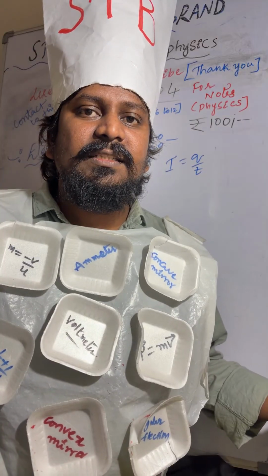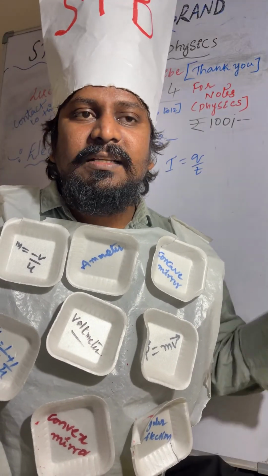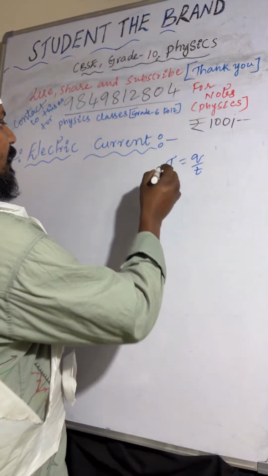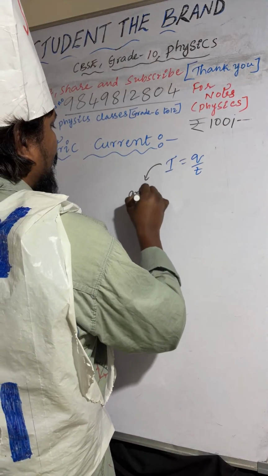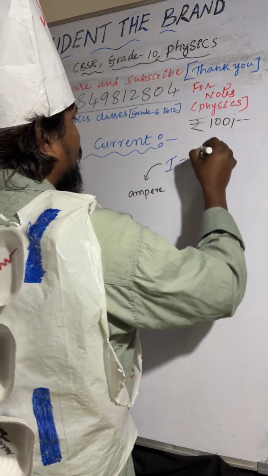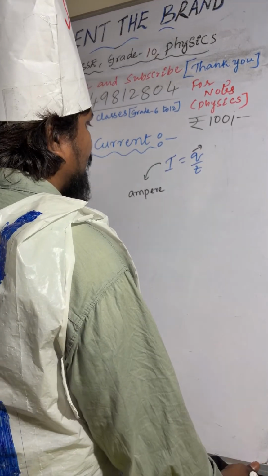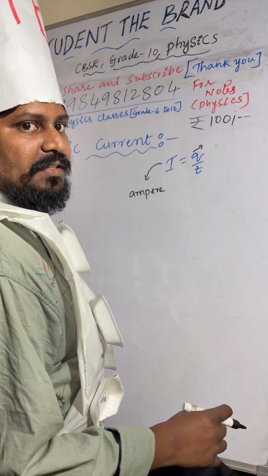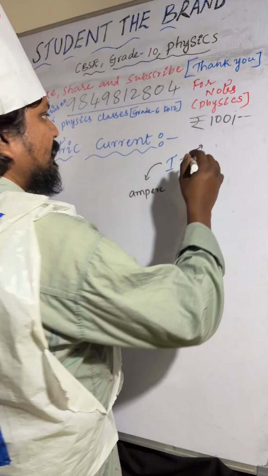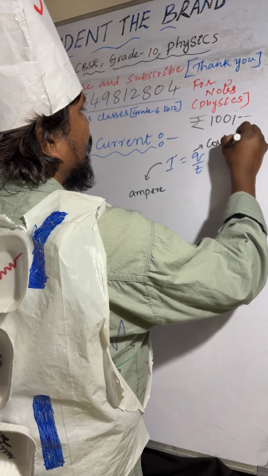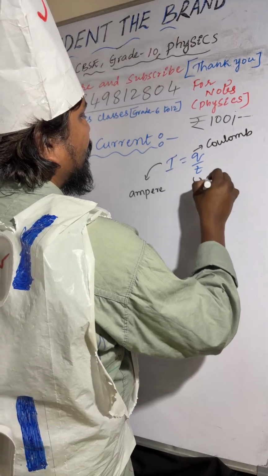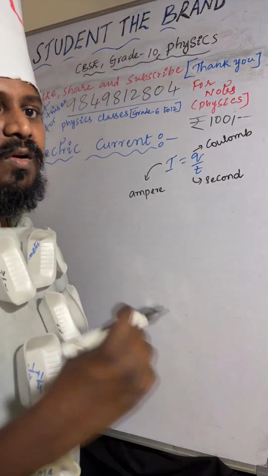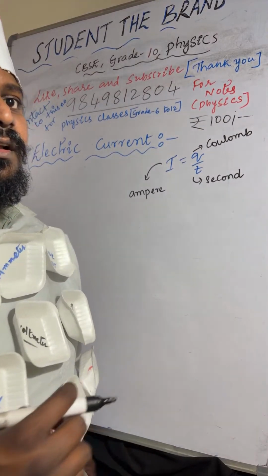Okay, so here I am taking this ampere, and this one is the coulomb. SI unit of charge is coulomb, and SI unit of time is second. Okay, I equal to Q by T.